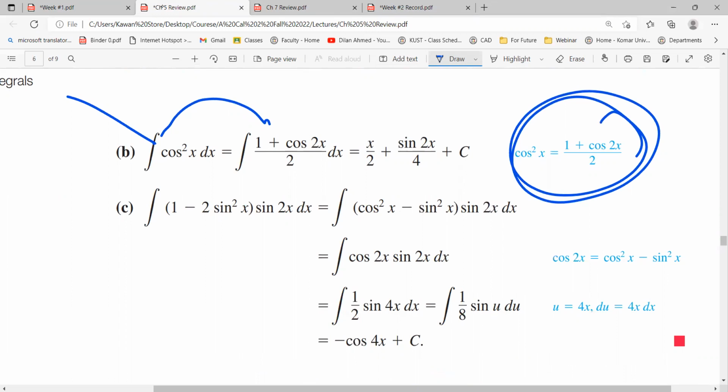Then that one will be 2x. Then again, 1 over 2 will be 1 over 2 x, and that one will be 2 over 4. Do you have any question about that example? Dears, do you have anything? No.